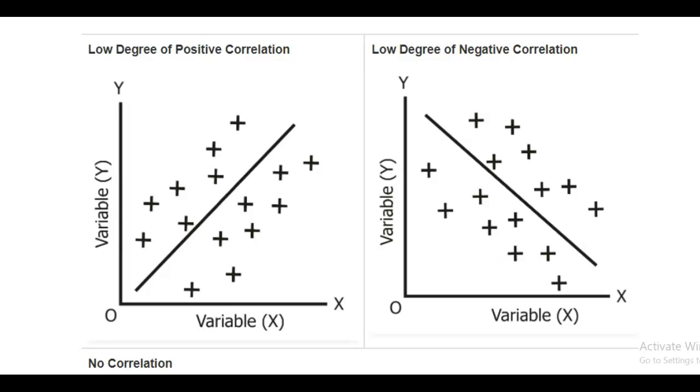And in low degree negative correlation, the points look like they go from top to bottom, and are scattered around the line a little bit wider than in the high degree of negative correlation. In low degree of positive correlation, the R value lies between 0 and 0.5, and in low degree of negative correlation, the R value lies between -0.5 and 0. It is given in the interpretation, we can see it.